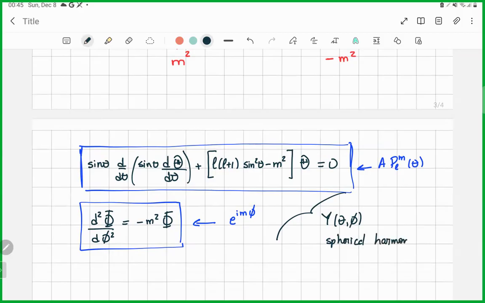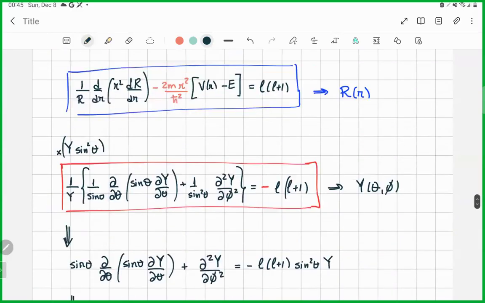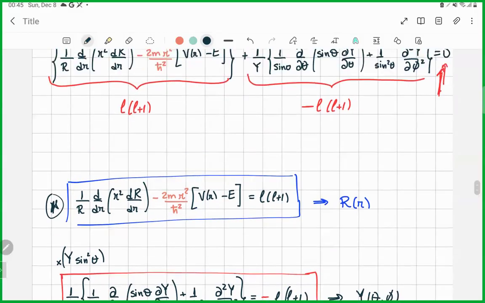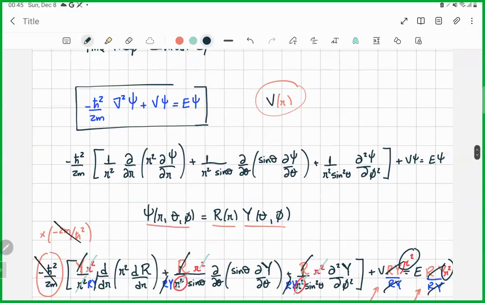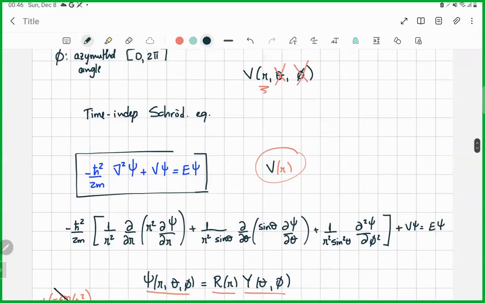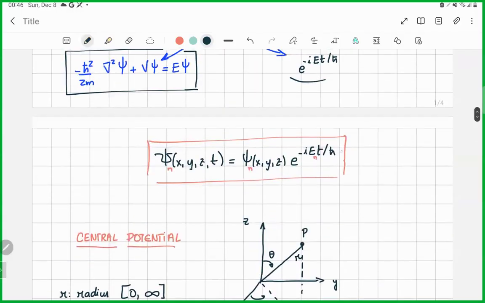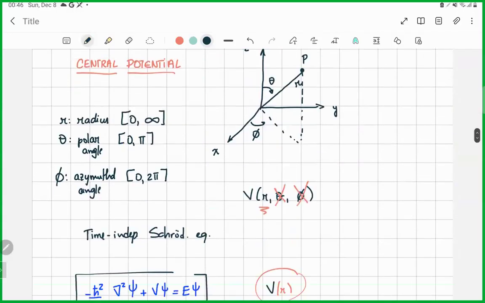And we'll talk more about them. But for now, all that we are saying is we have this equation for phi, this equation for theta, and in the beginning, we had the radial equation for r, and even before that, we had the energy. And so combining all this, we will have our wave function.